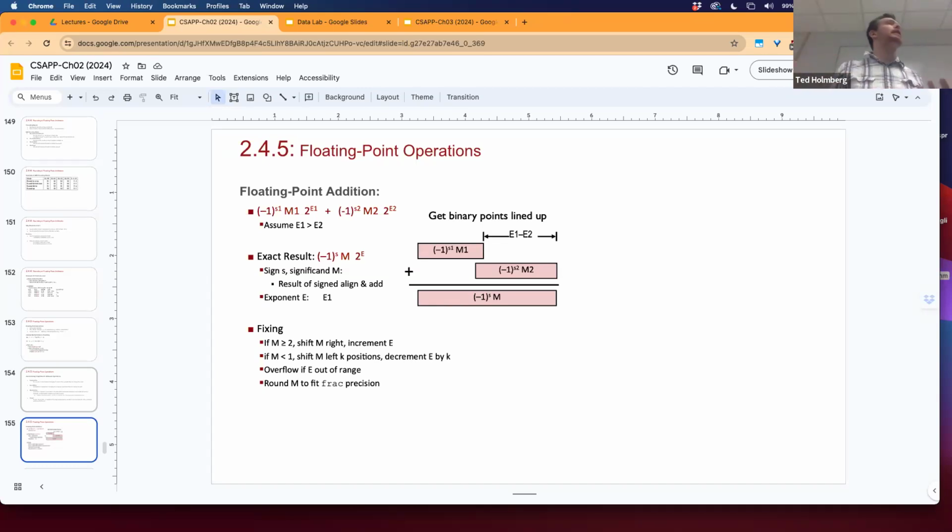The concept's the same with our fractional values, our floating point values. We have to ensure that all of our binary points line up, and if necessary, you zero fill the least significant bits before you do the addition. That seems pretty obvious though, right? But it's going to be stated just so that everyone's on the same concept.